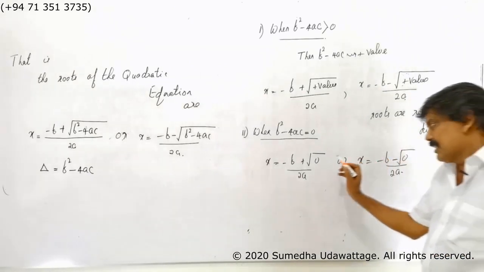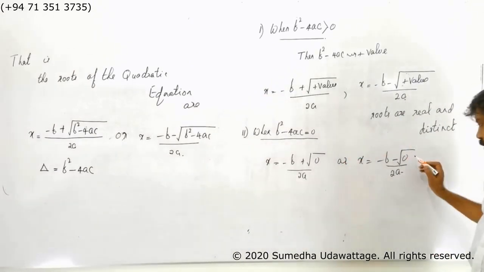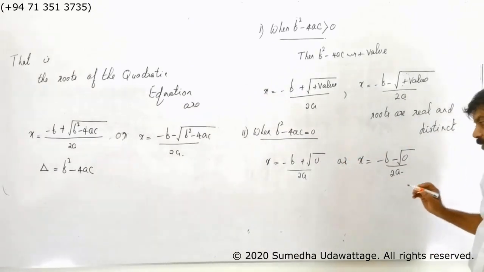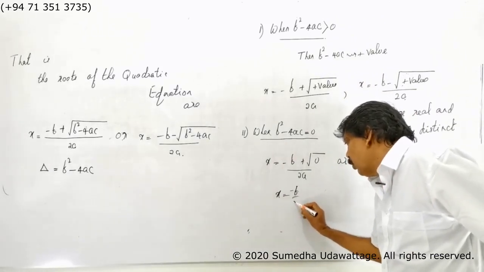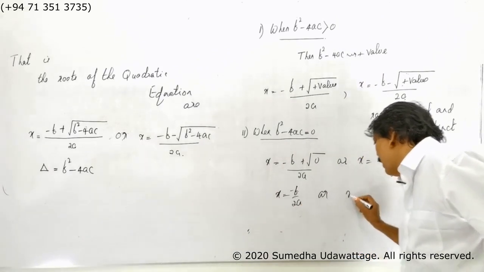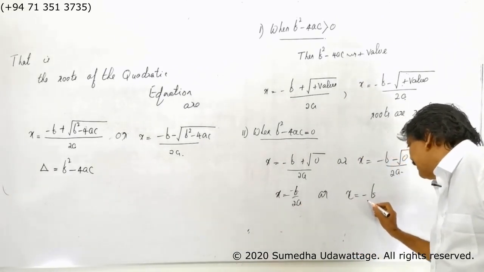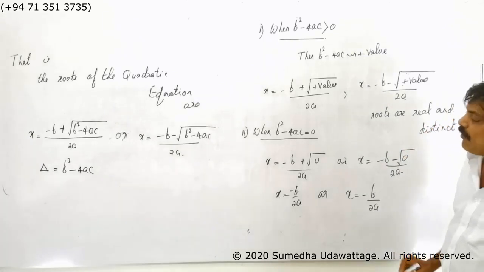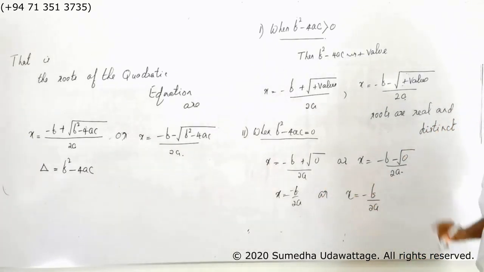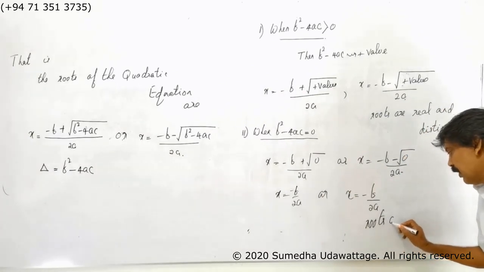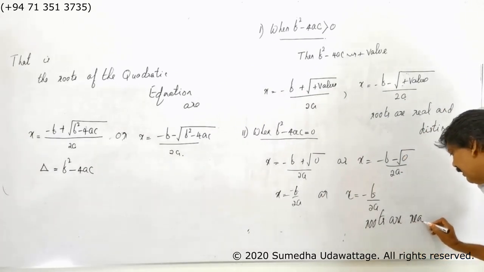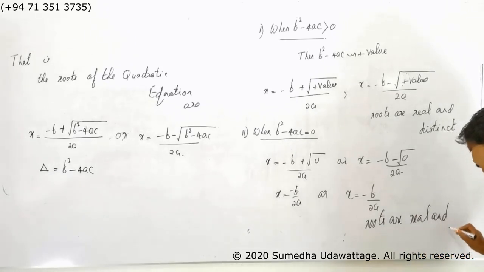Where square root 0 does not give a value, then the roots become x is equal to minus b over 2a, or x is equal to minus b over 2a. The roots are real and equal.